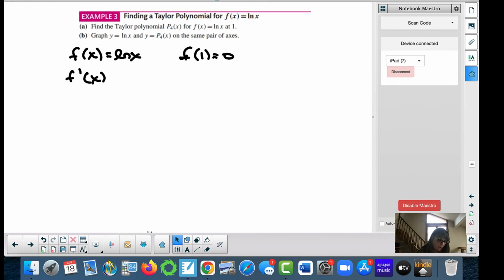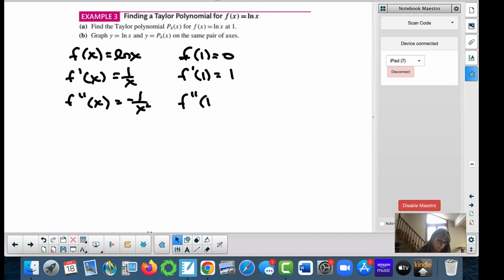F prime of x is 1 over x. The second derivative is negative 1 over x squared. The third derivative is positive 2 over x cubed.